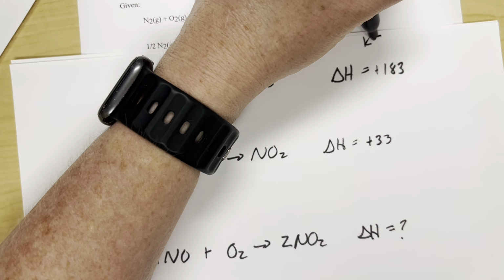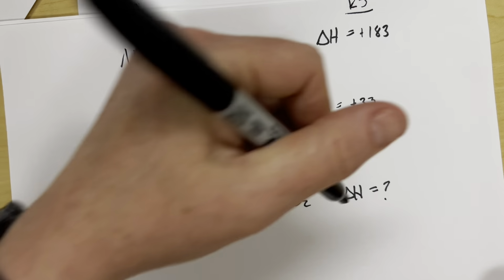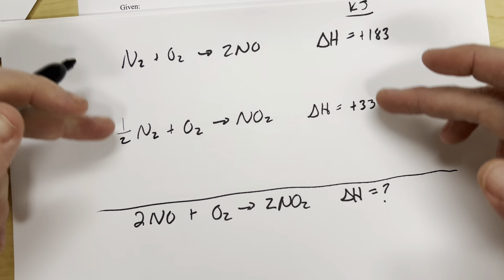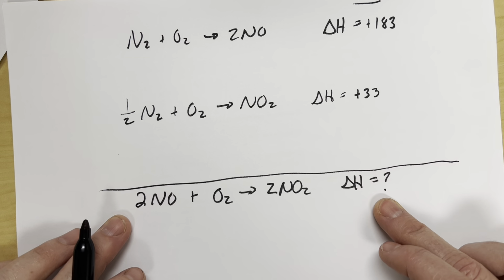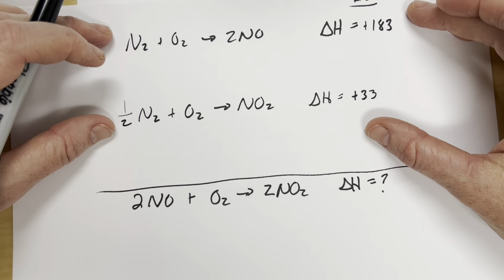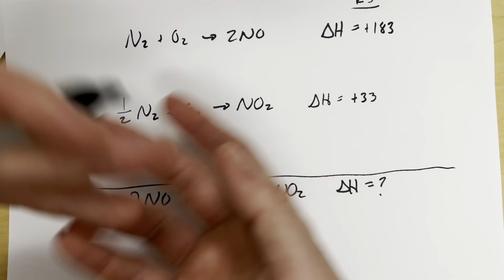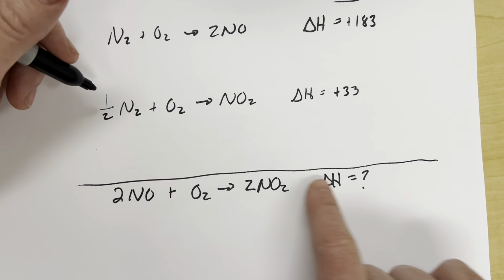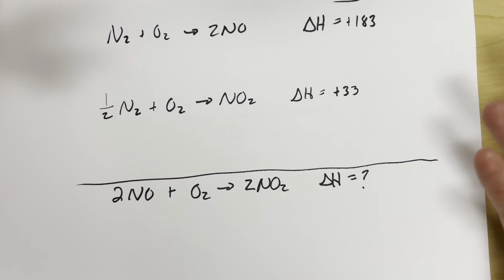And these are all in kilojoules. Okay, so we want to be able to add these two up to equal this thing. We can manipulate these equations. Remember, we can multiply them, we can divide them, we can flip them around, but we have to have this overall at the end. Don't forget that things cancel.